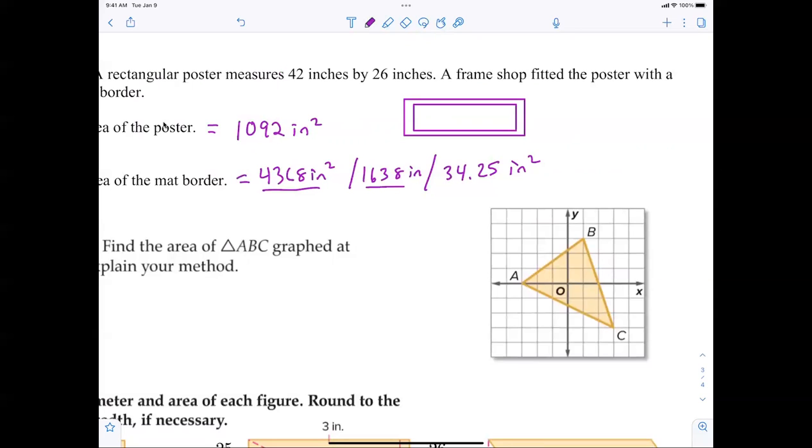So that means the new width is 43 by what? 27. Now, to me, I'm looking at it as just the area of the border is this guy right here, right? I think that's what they're asking.